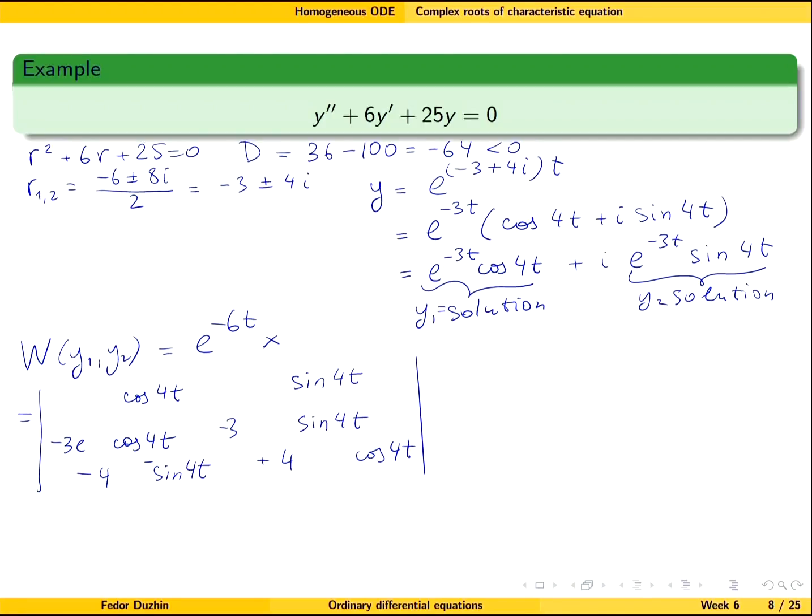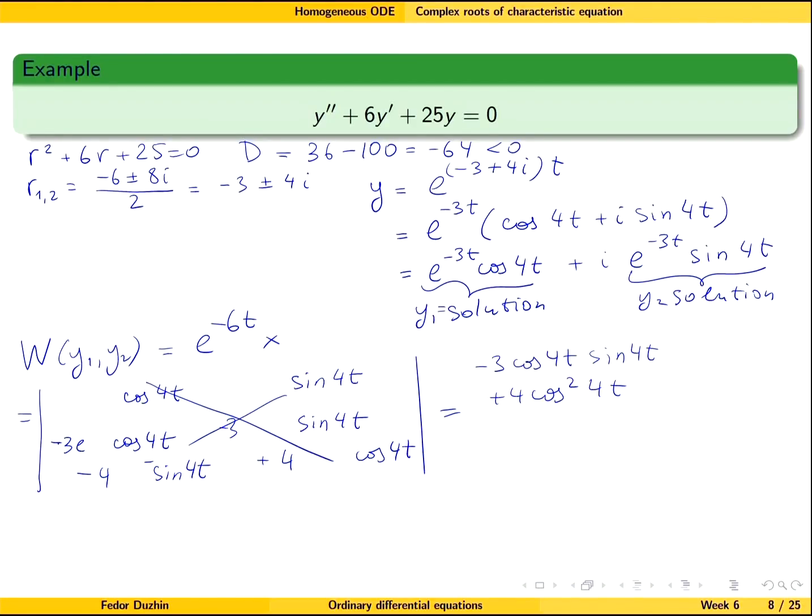Now let me find this determinant. First we multiply like this: minus 3 cosine 4t sine 4t plus 4 cosine squared 4t, and then in this order.